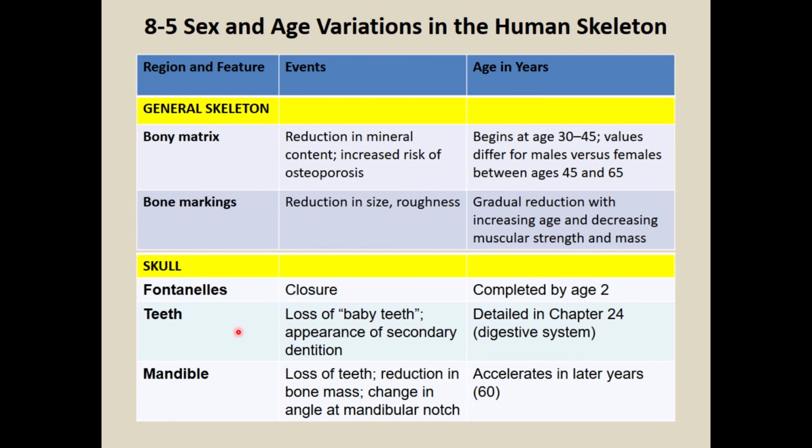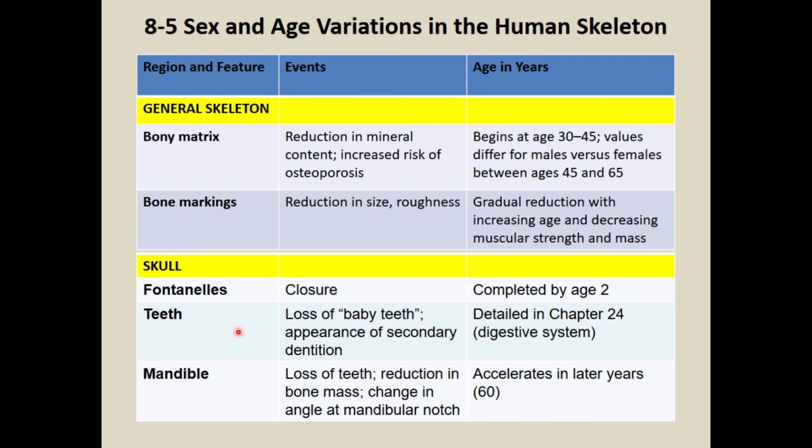Teeth usually start growing by age 6 months. Those are the primary teeth. Most of them will fall by age 6, and then you develop secondary teeth, and by age 12 you should have most of your secondary teeth. Again, these age ranges are not an exact science.